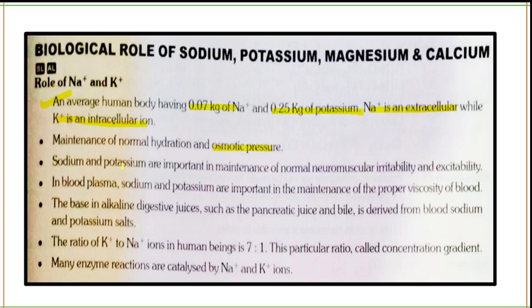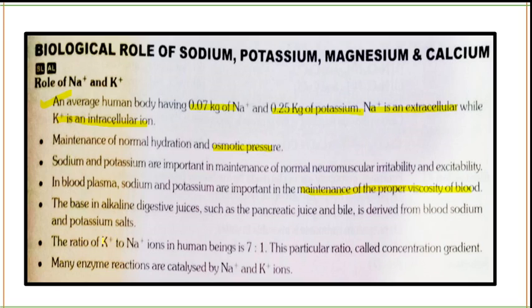Third, sodium and potassium are important in maintenance of normal neuromuscular irritability and excitability. To maintain the proper viscosity of blood, what you need is sodium and potassium. So this is also an important point.